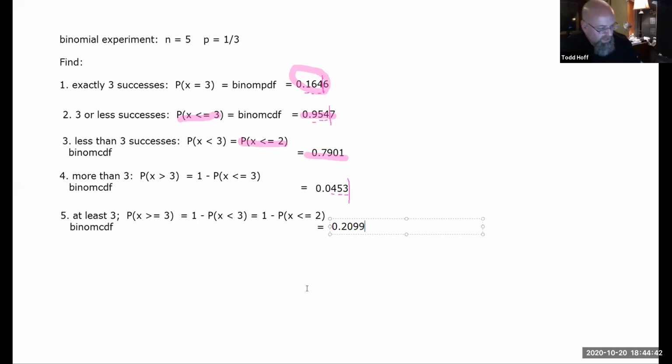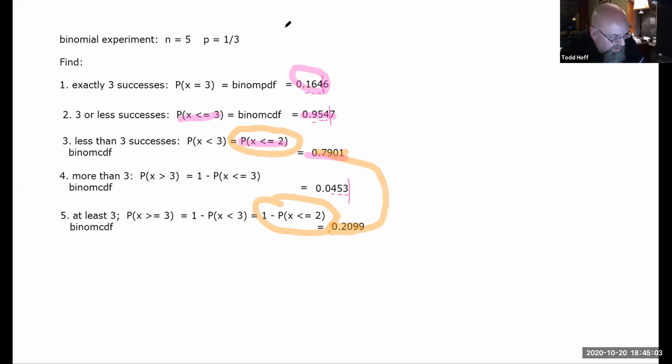You'll notice, by the way, that that is a complement to being less than or equal to 2, or 1 minus being less than or equal to 2. Makes sense. Those are complements.